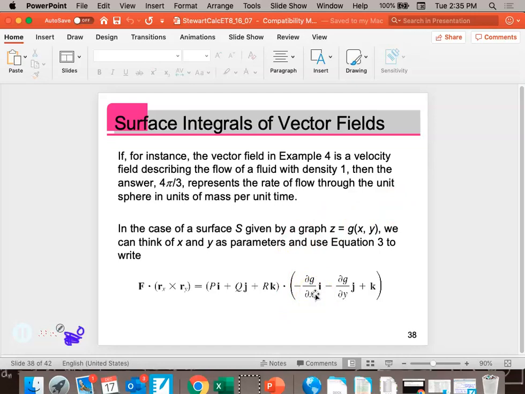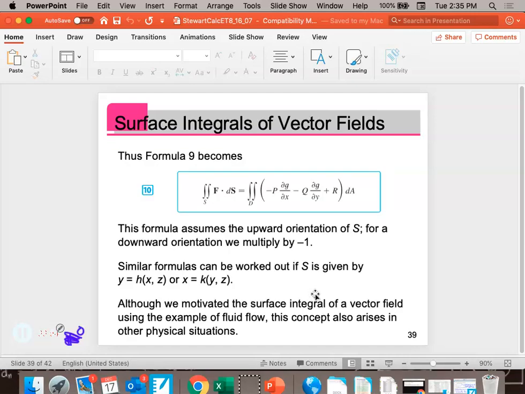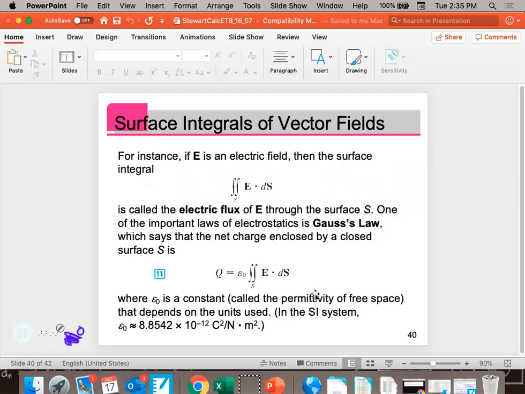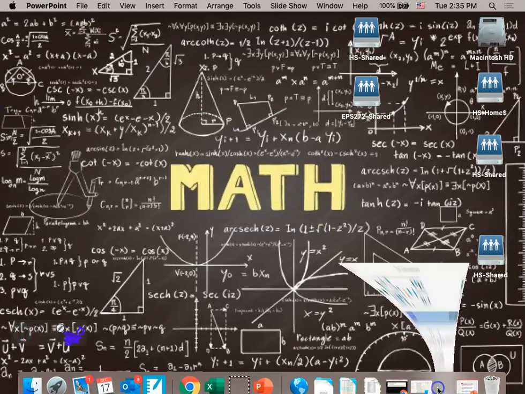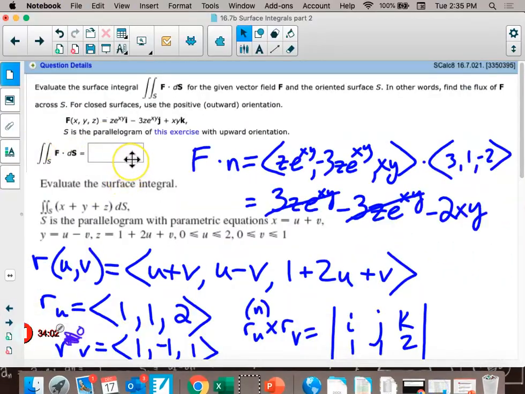No, that's just relating it. All right, I don't know. I will have to do more research on flux over parametrically defined surface, but it looks like we got the right answer, just negative, and it should be positive. So, I'm going to go with that.